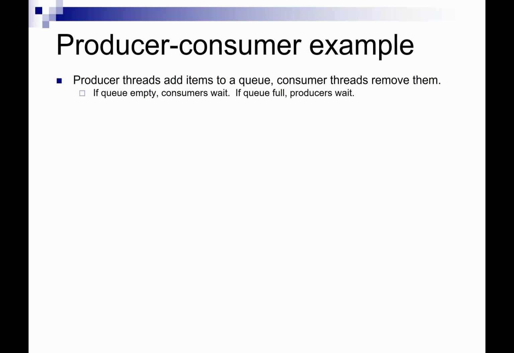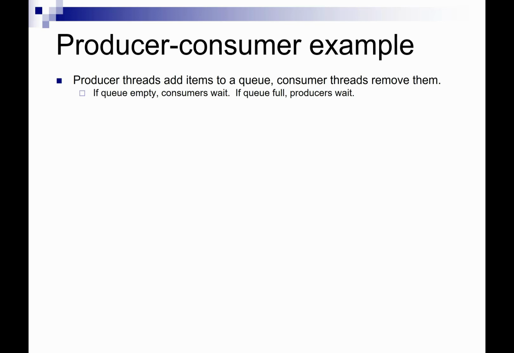However, if the queue is currently empty, then the consumer threads have nothing to remove, so they have to wait. If you're a consumer thread and you try to take something, the condition is that the queue has to be non-empty. If the queue's empty, you have to wait. On the other hand, this queue has a capacity.